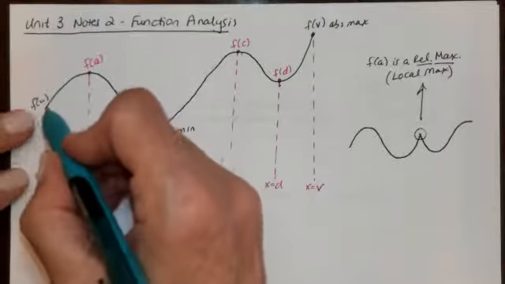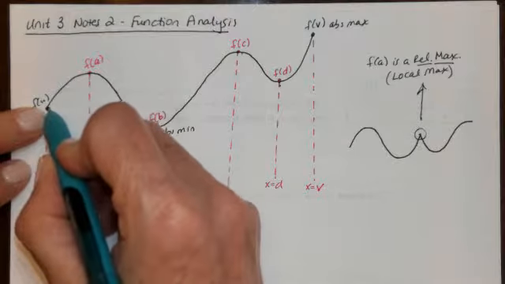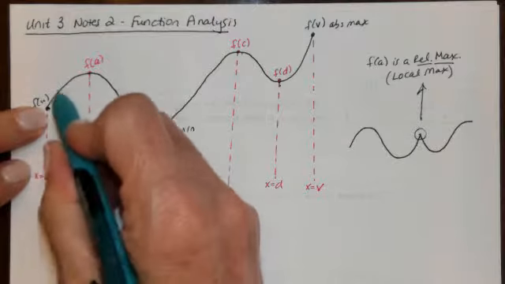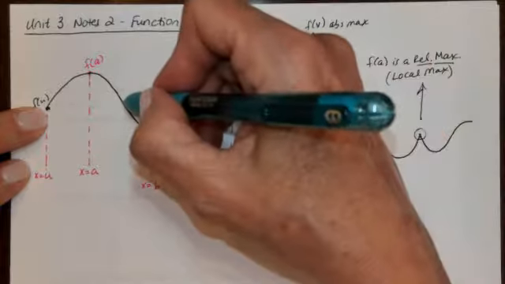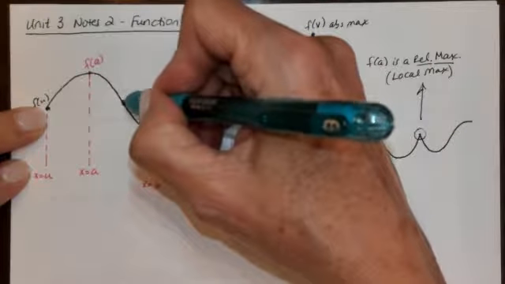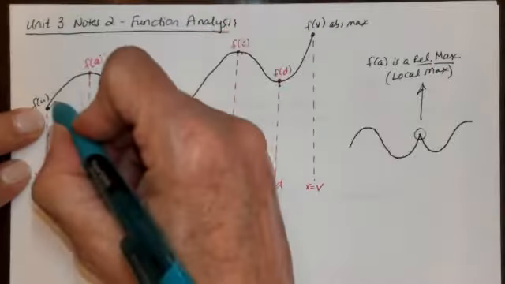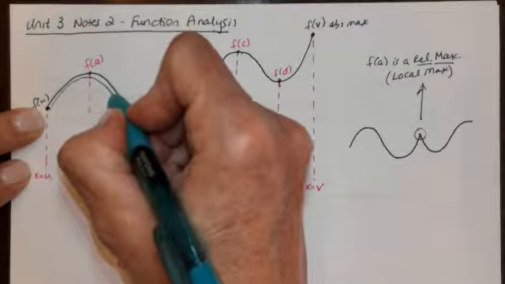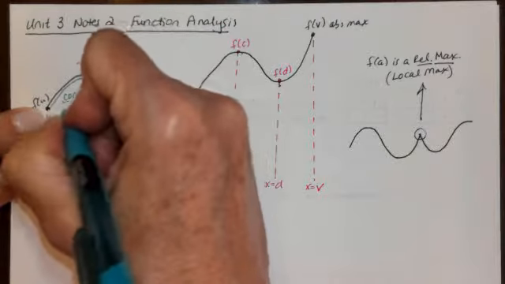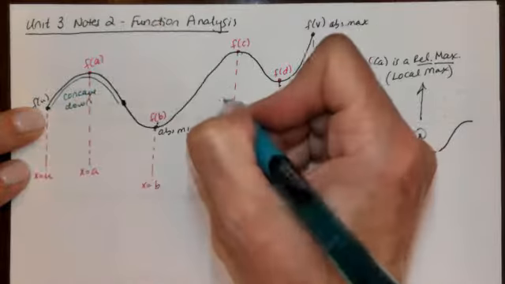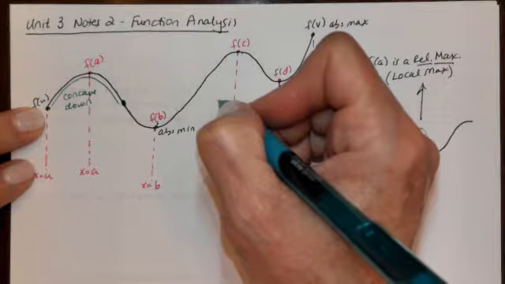So from this point, from x equals u to what I think would be maybe around this point, this stretch right here is concave down. Okay, it's concave down.